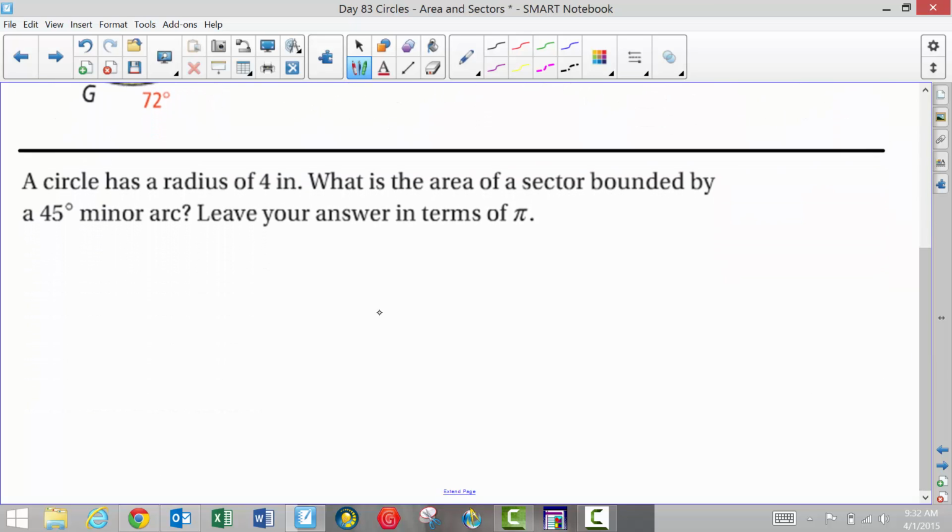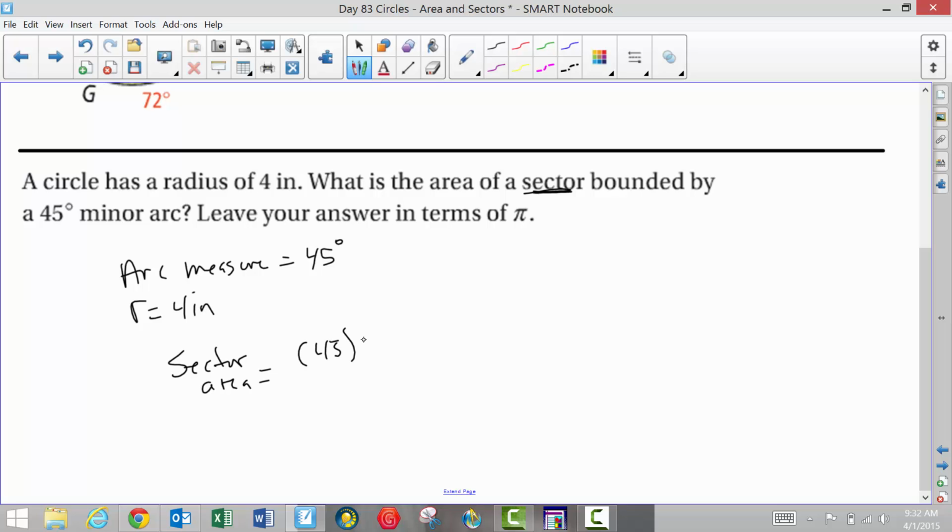We can also find the area of a sector. I want the area of a sector, so I have an arc measure of 45 degrees. I have a radius of 4 inches, so my sector area is going to equal my arc measure, which is 45, times my radius squared, times pi over 360.